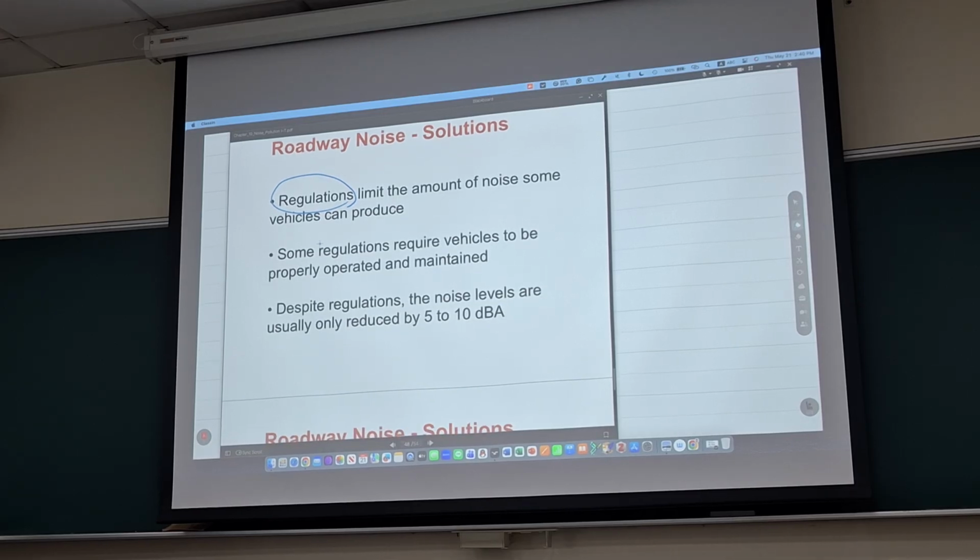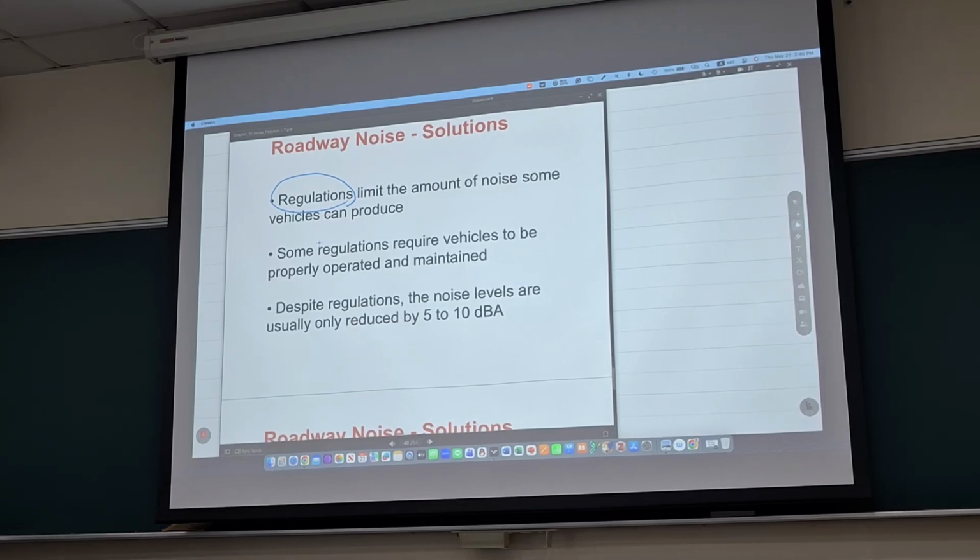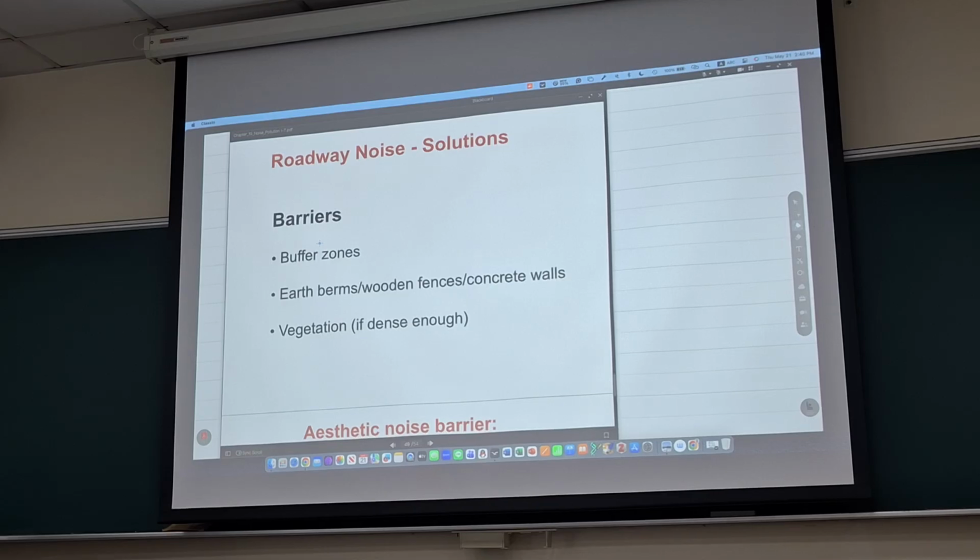However, despite the regulations, the noise level is usually only reduced 5 to 10 decibels. So regulation doesn't work too much.